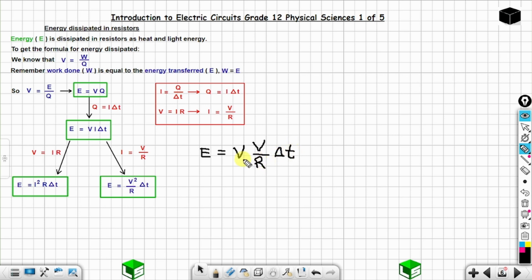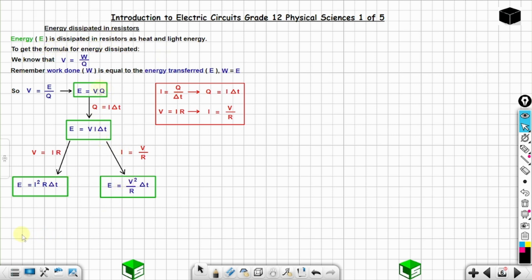Now, can you see voltage times voltage? You have voltage squared, okay, over resistance times change in time. We carry on. Now we have this formula and this formula and this formula for energy dissipated in resistors, okay.